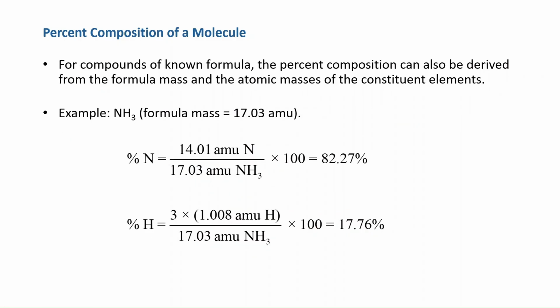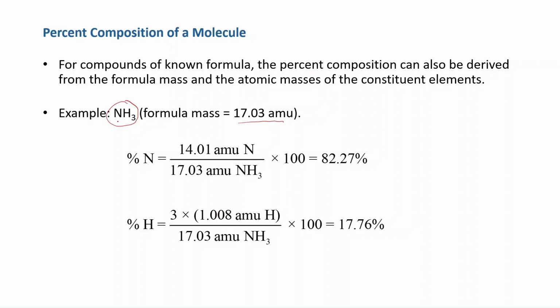Sometimes you can determine the percent composition if you know the formula. For instance, nobody has bothered to calculate in ammonia how many grams of nitrogen, how many grams of hydrogen. But we know the formula of ammonia, NH3. The formula mass is 17.03. So what is the percent nitrogen?